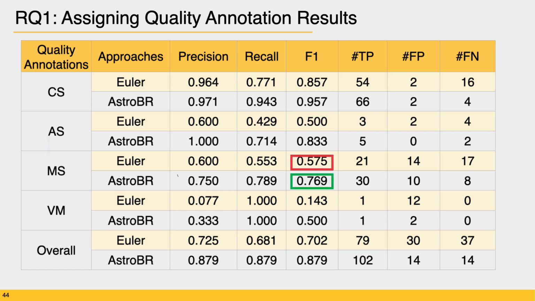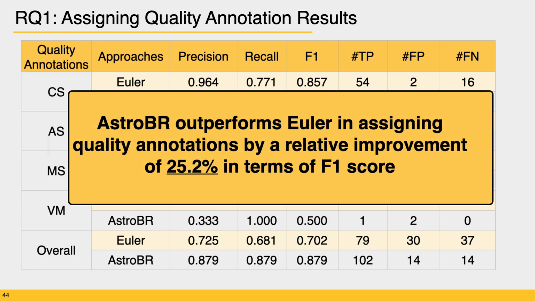For missing steps, the F1 score is 0.769, whereas for Euler it is 0.575. For VM, the F1 score is 0.500, and for Euler it is 0.143. Overall, the F1 score for AstroBR is 0.879, and for Euler it is 0.702. So AstroBR outperforms Euler in assigning quality annotations by a relative improvement of 25.2% in terms of F1 score.